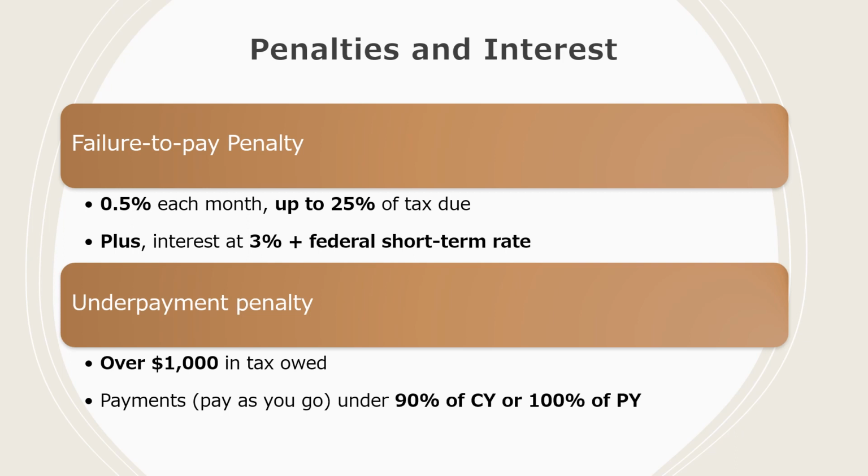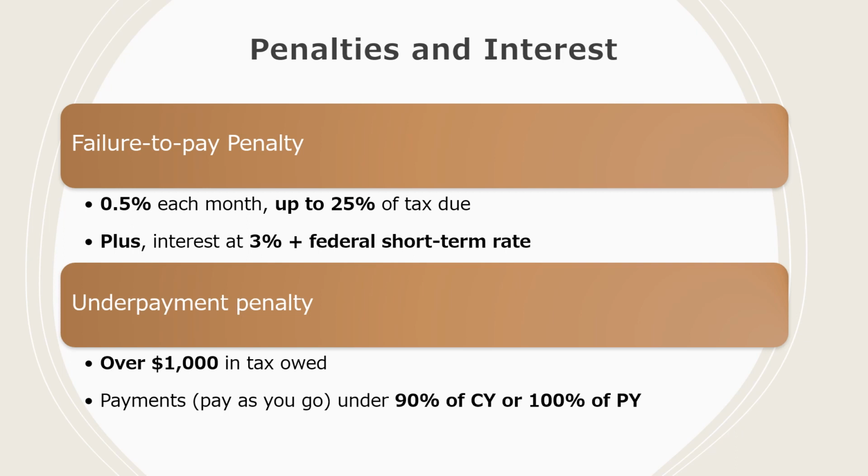That penalty is 1/2 of 1% for each month that they don't pay their tax liability, and that can add up to 25% of whatever tax is due on their return. And that is the penalty plus the interest, and the interest amounts to 3% plus the federal short-term rate, which changes periodically. You can always look it up.